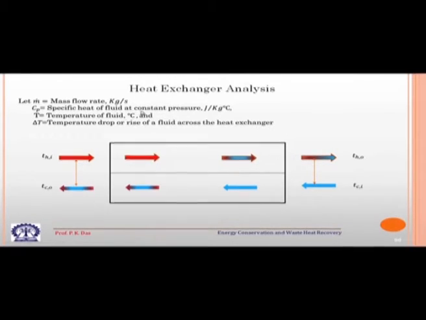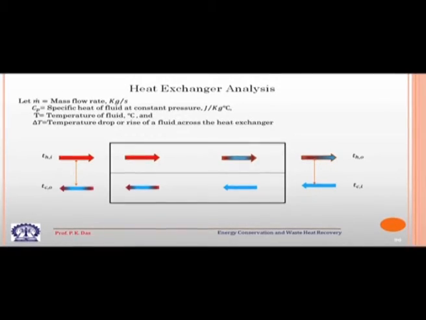Cp, the specific heat of fluid at constant pressure, with unit joule per kg degree Celsius, also remains constant for the purpose of our analysis. In some cases, due to temperature there could be variation of Cp, but the analysis which I will show cannot cater to that kind of change in Cp.